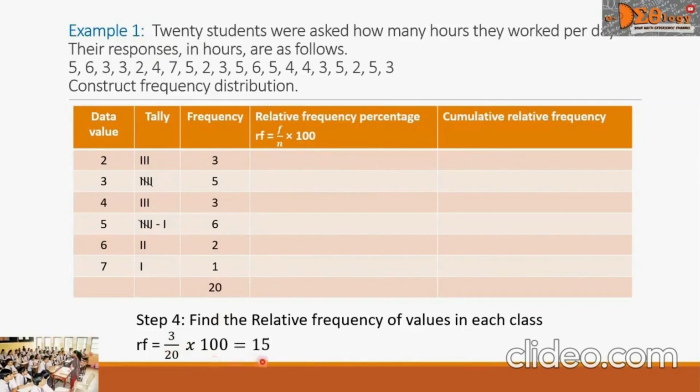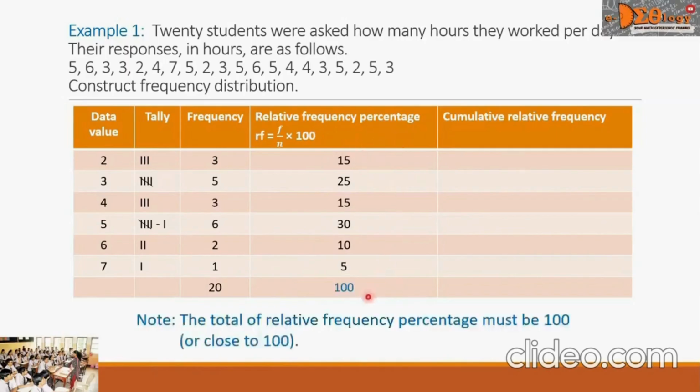And the answer is 15. And this 15 we will copy in here. Using the same formula, we will fill all the blanks here, and here we go. We have now the relative frequency percentage for each row. And the total of the relative frequency percentage must be 100.